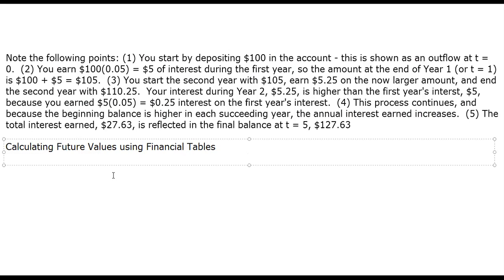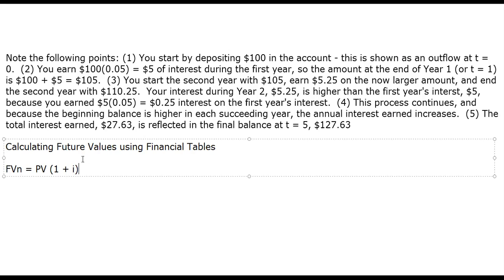All right, so the original formula was FV n equal PV times (1 plus i) raised to the power of n, right? N means what? Number of years. Good.